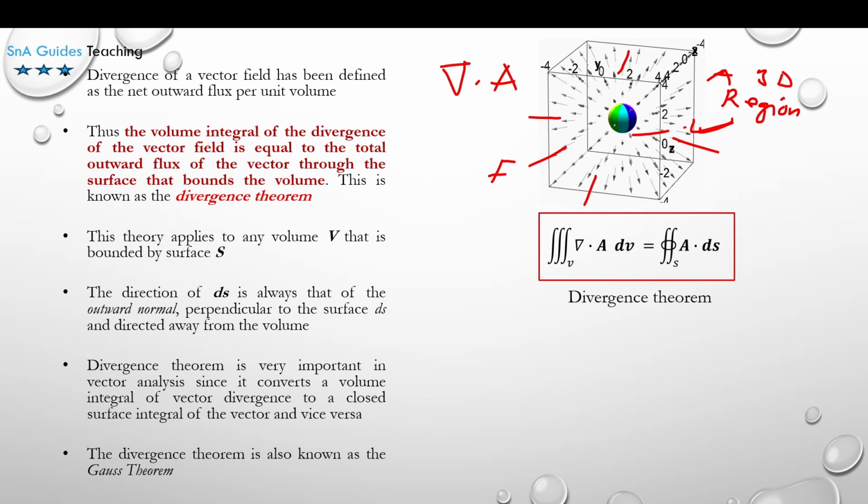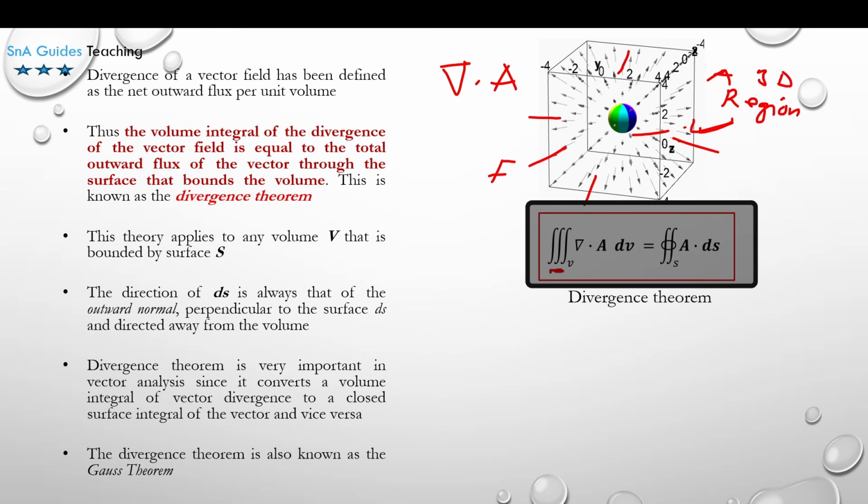So let's write this mathematically. We are going to have this. Now let's read from the left-hand side. The volume integral of the divergence of the vector is equal to the closed surface integral of the vector.